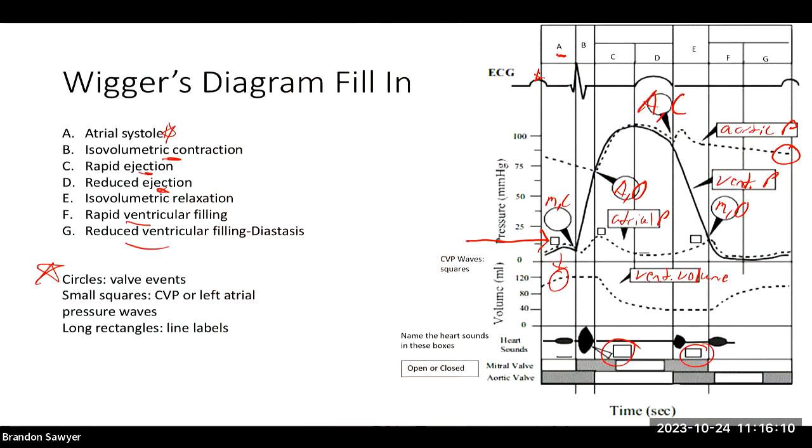So we would put our A wave right here, that first little box. We see that bump in pressure because the atria just contracted. So we get a little extra pressure in the atria. That little tiny square is the A wave.